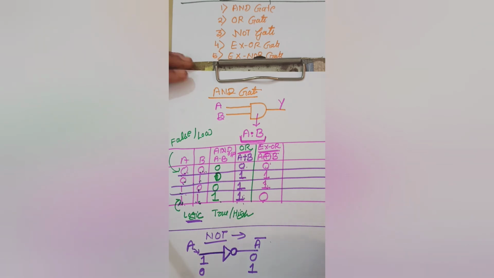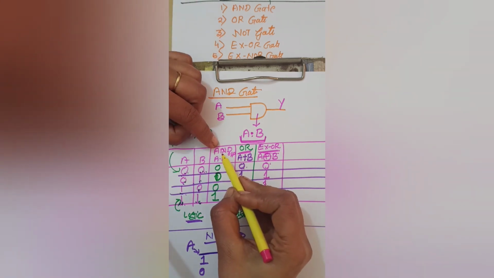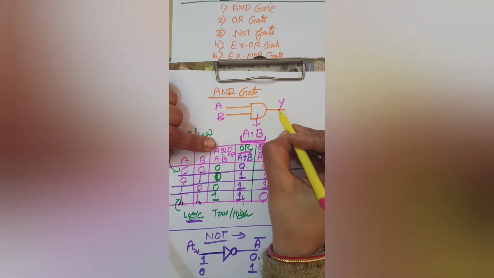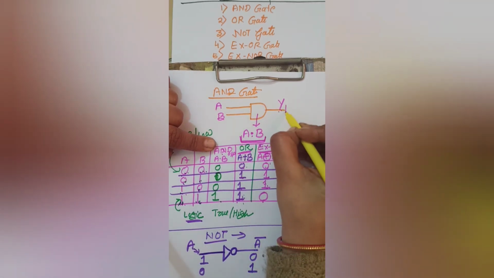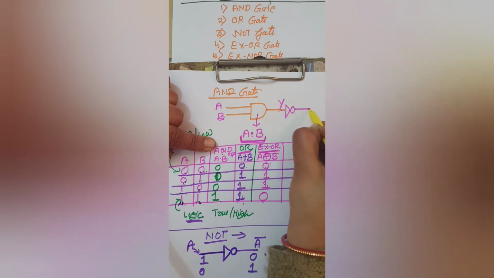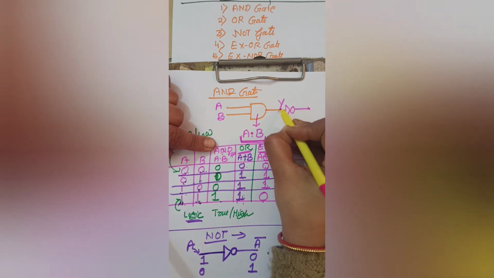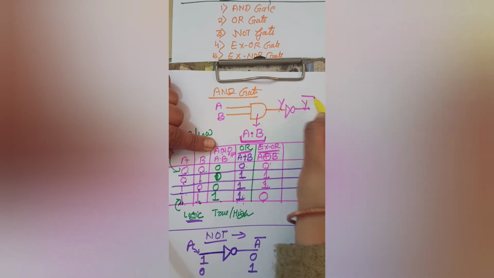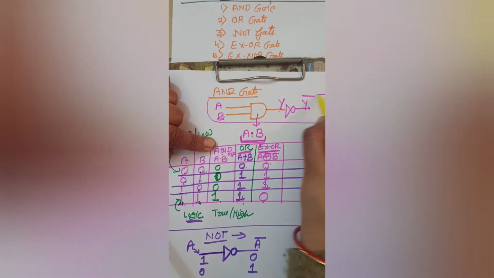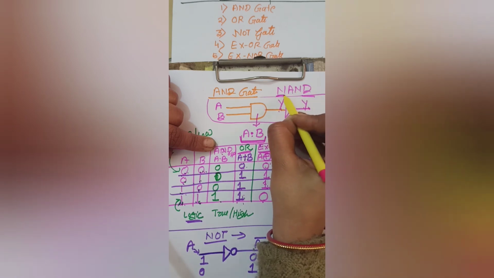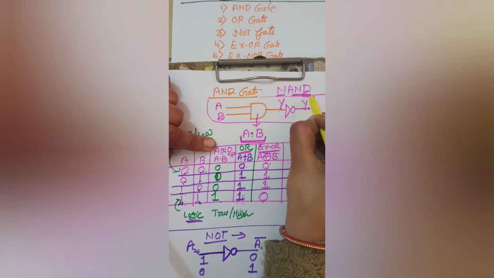Rest is, if I add one NOT gate along with AND, like the symbol is here, this is the output of the AND gate. At the output, I have connected a NOT gate. So the output at this point will be the complement of this one. It will be Y bar. This complete combination now becomes the NAND gate. N stands for NOT plus AND.